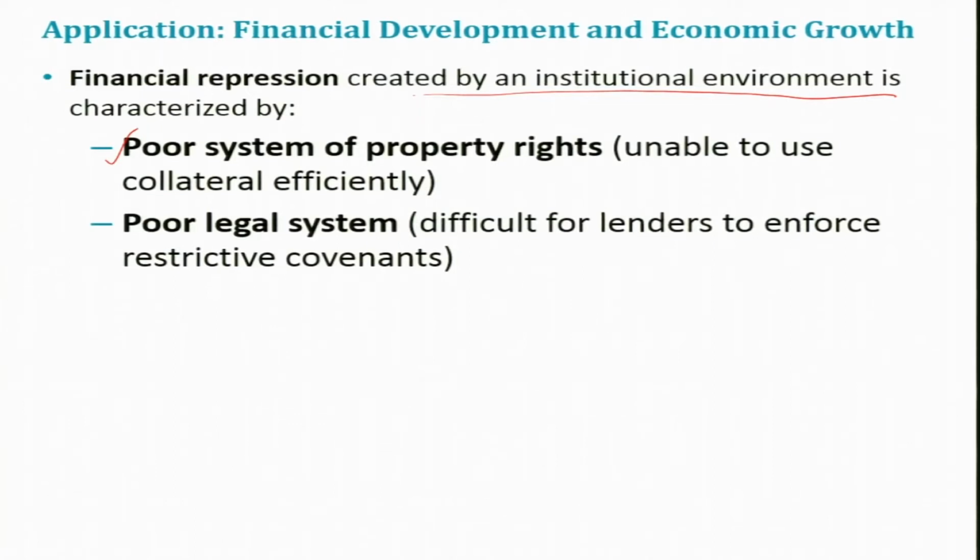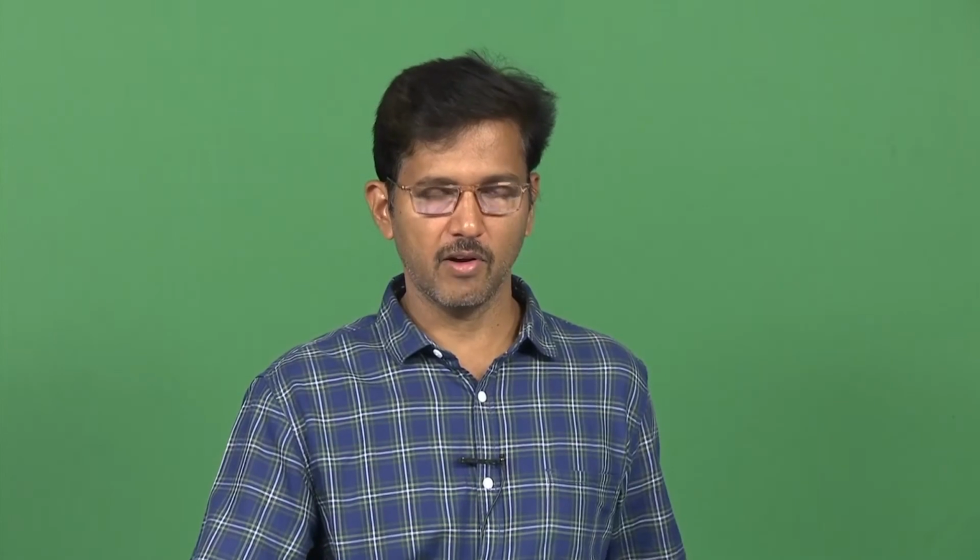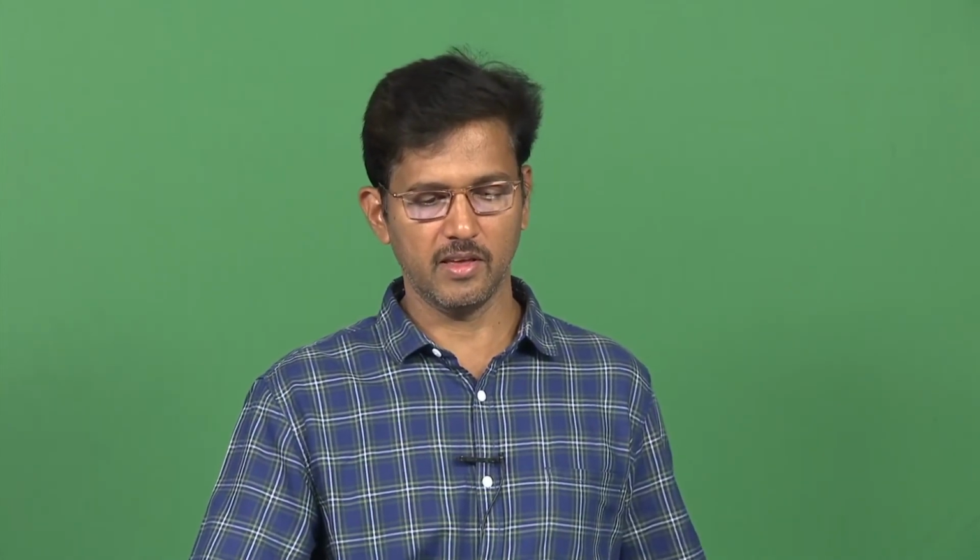Because we have seen in the points that we have discussed here that, in order to minimize adverse selection and the moral hazard problem, one of the solutions is to use collateral and net worth. And you know, in developing countries, the legal title to the collateral is to some extent non-existent.